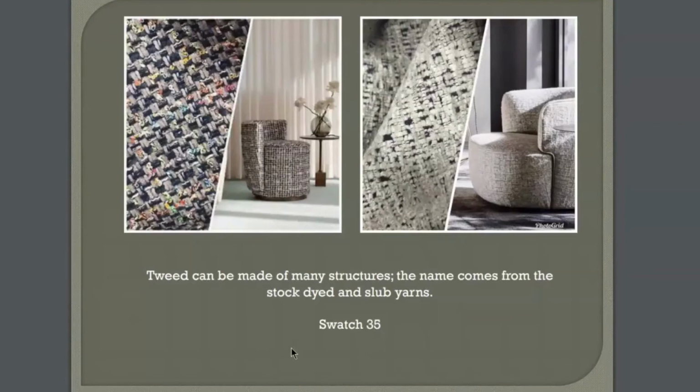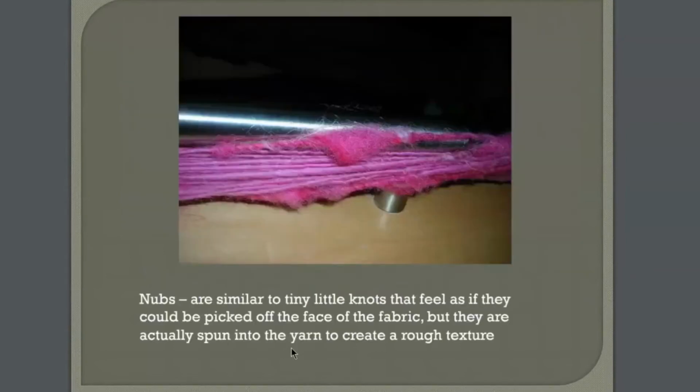I've used the term nubs quite a bit. Nubs are similar to tiny little knots that feel as if they can be picked off the surface of the fabric, but they are actually spun in the yarn to create a rough texture.